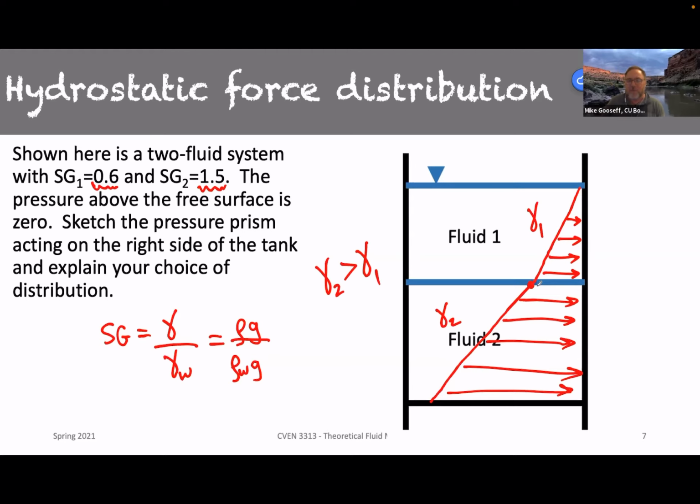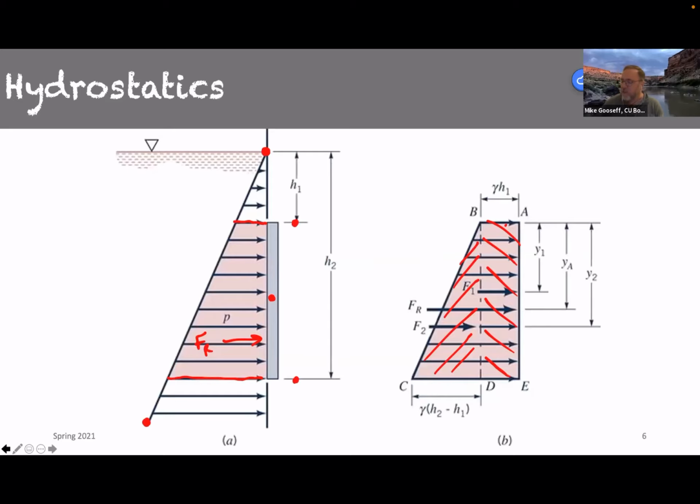Then can you explain really fast when you can use the Y sub R equals 2/3 height rule? Let me go back real quick. That's only for pressure prisms when you have a rectangular or square gate that you're looking at.